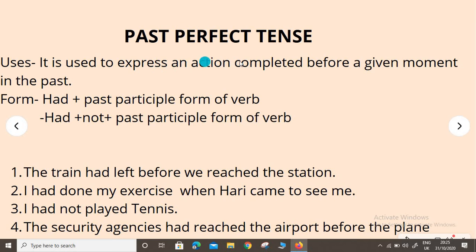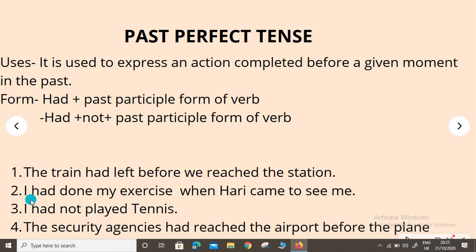So past perfect tense basically refers to the tense which has had before the past participle form of the verb. This way we are referring to an action completed before another action took place. The train had left before we reached the station. So it is expressing an action completed before another action.